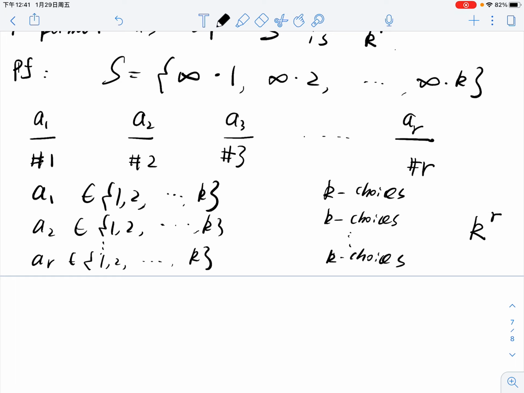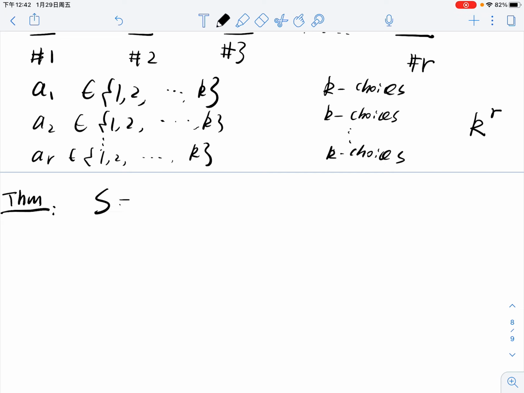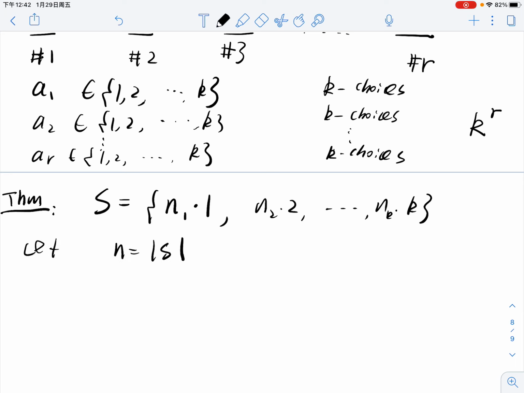Okay, and another example we can consider easily is the full permutation. Suppose S is a multiset consisting of n1 times 1, n2 times 2, up to nk times k, and let n denote the cardinality of S. By definition, this is n1 plus n2 plus all the way to nk.